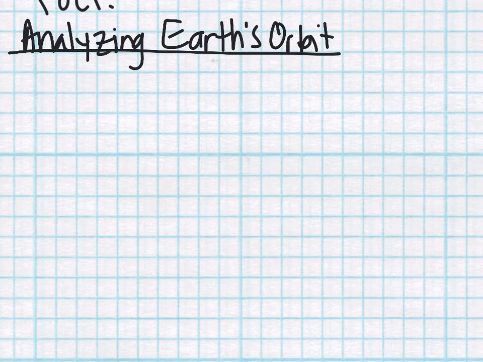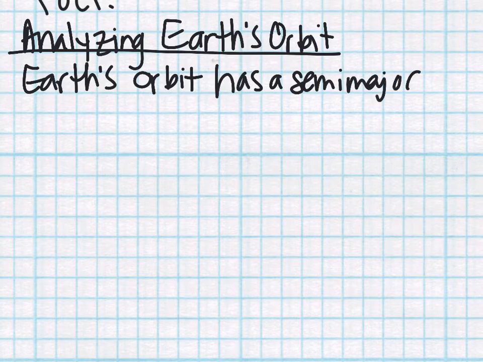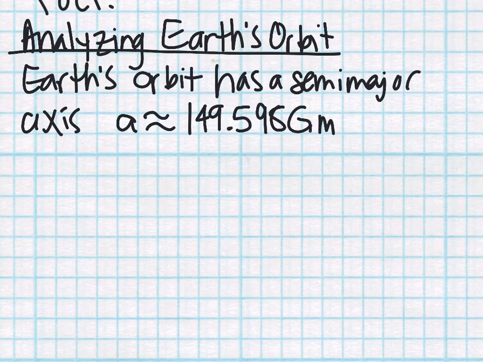So Earth's orbit has a semi-major axis of approximately 149.598 gigameters. We're going with gigameters because they're way easier to deal with than kilometers, because this is a really large distance.